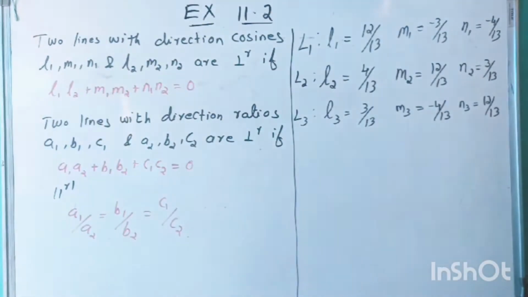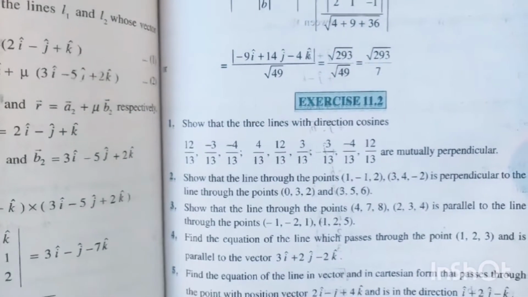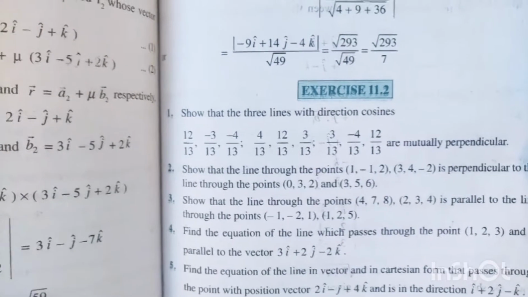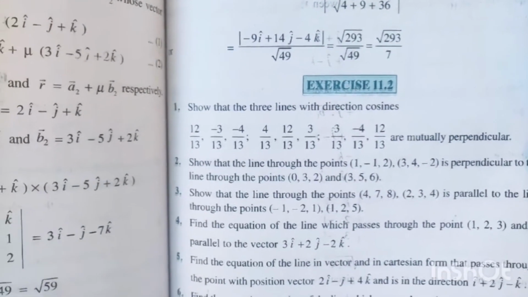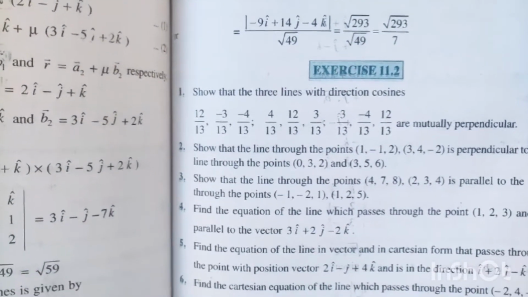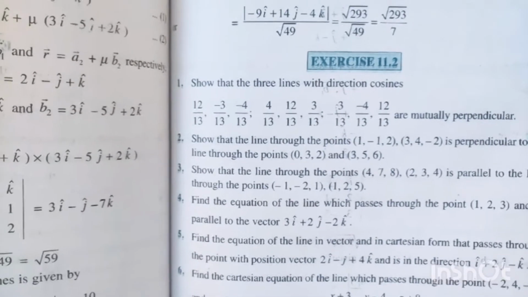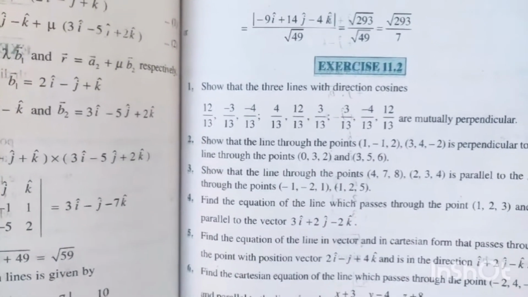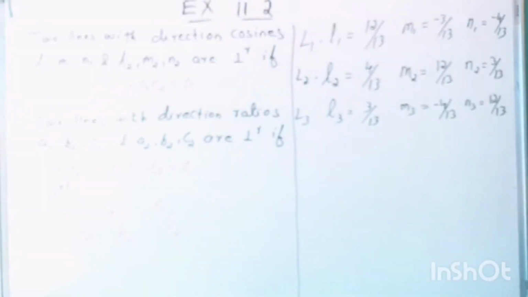Okay. Now, we are going to do the first question. Show that the three lines with the direction cosines 12 by 13, minus 3 by 13, minus 4 by 13; 4 by 13, 12 by 13, 3 by 13; and 3 by 13, minus 4 by 13, 12 by 13 are mutually perpendicular.